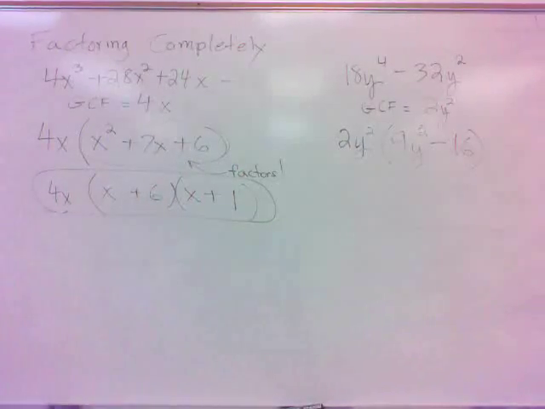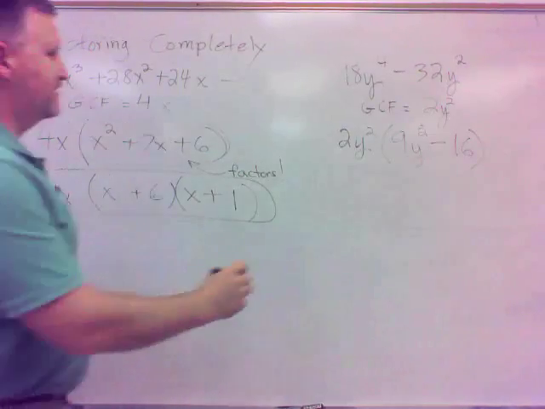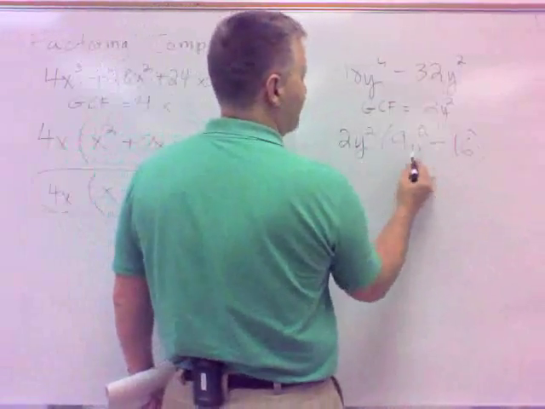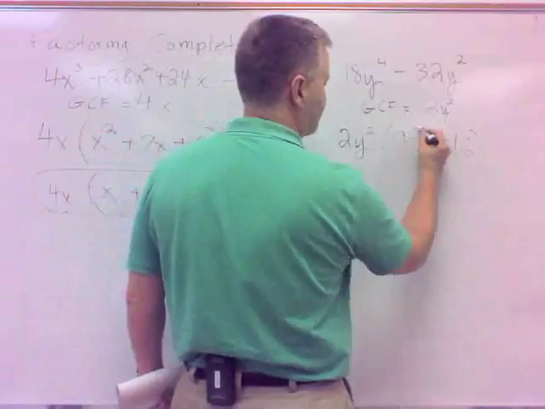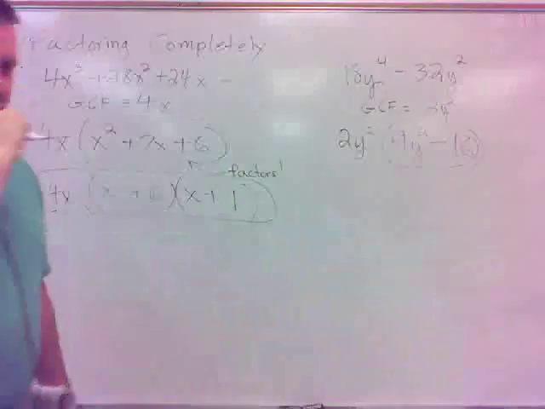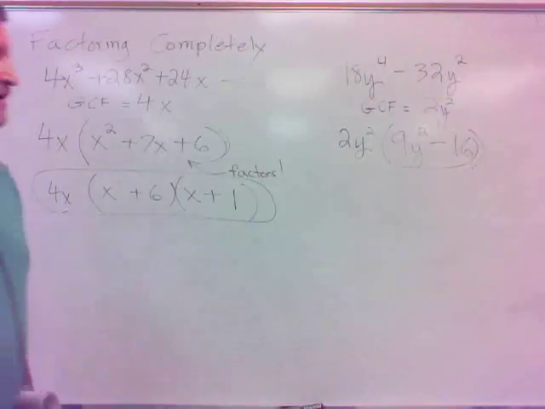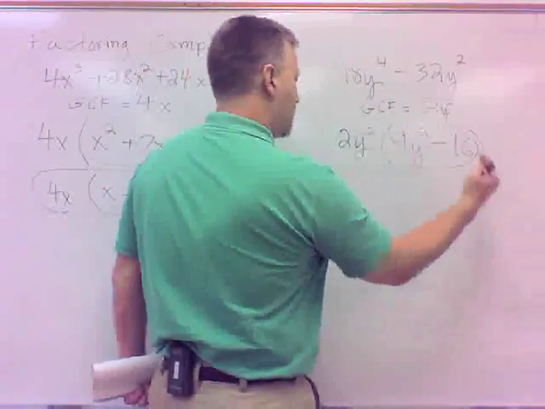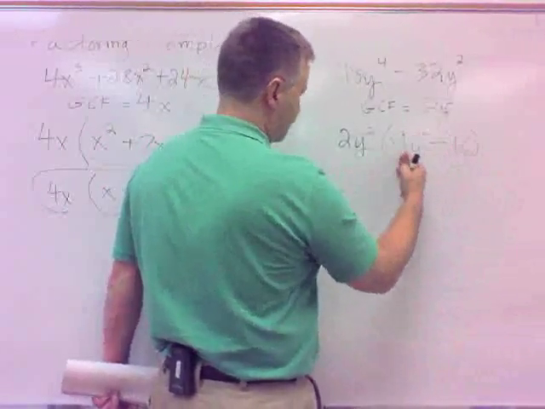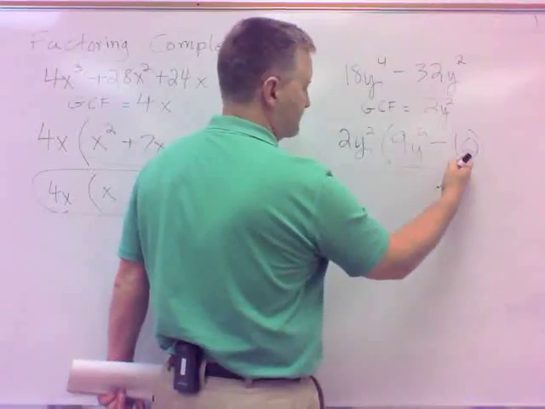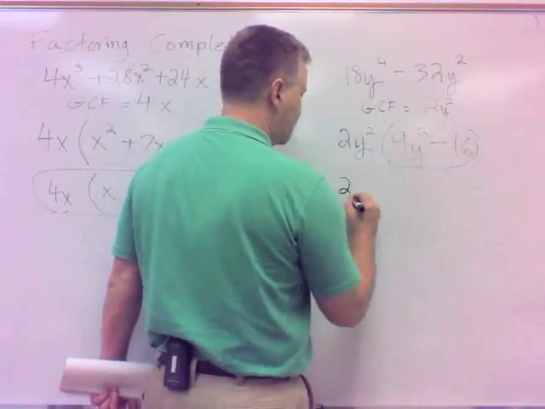Now, we can't stop there, because what else can we do? We've got to check to see if these factors factor themselves, and this 9y squared minus 16 factors again, doesn't it? It's a difference of squares. For binomials, we look for squares and cubes. This one happens to be squares. That's 3 squared, that's 4 squared. So I'm going to bring down my 2y squared.